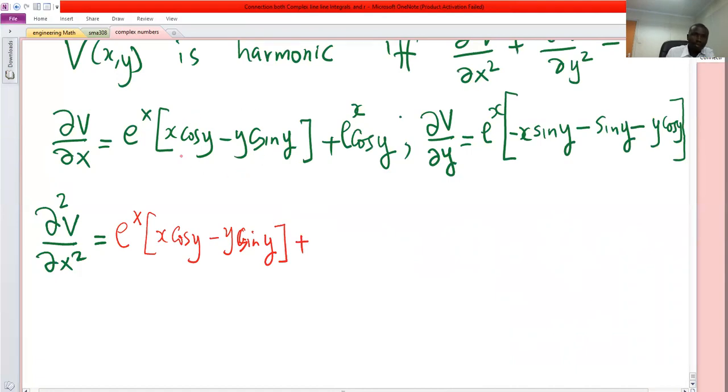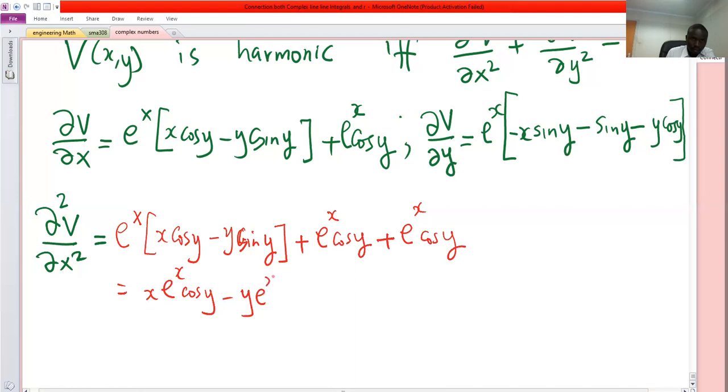Now differentiating inside with respect to x, we have e raised power x, and then here we have just cosine of y. And then plus this part, when you differentiate with respect to x, you just get e raised power x cosine of y. So I can simplify this one as x e raised power x cosine of y minus y e raised power x sine y, plus this will be two of them, 2 e raised power x cosine of y. Call this one equation 1.